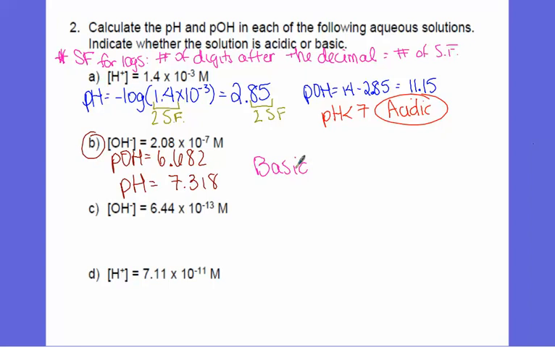Now, one thing I want to point out, and I will stress this again later once we start calculating pH of acids and bases. Right now, we're just finding the pH for a given concentration.